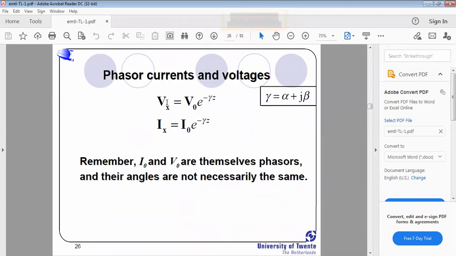See here, when we consider Vz in the transmission line phasor form of currents and voltages, V naught into e power minus gamma z, and simply differentiate this expression with respect to z, what we get is minus gamma, that is alpha plus j beta.